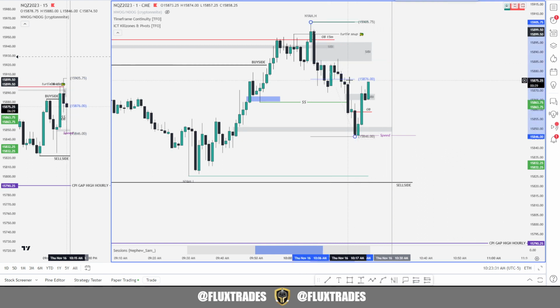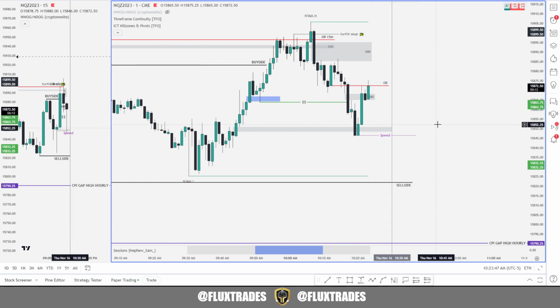Maybe want to get into premium with this dealing range. So if we can fill maybe that gap, not the gap, tap into the mean threshold, the order block. I'm watching that. Watch what the candle closes though. So this order block here. Obviously outside of time.